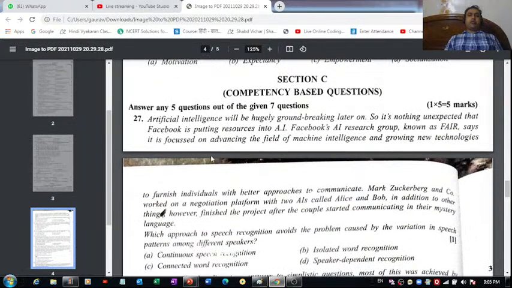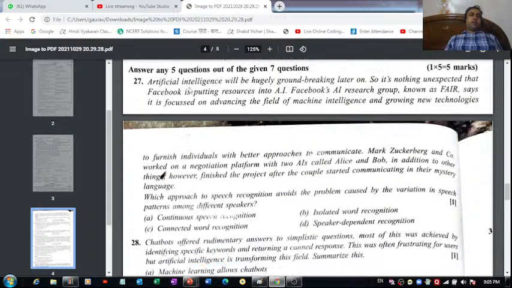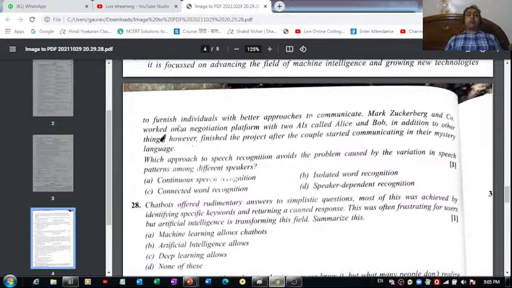Let's now come to section C, competency based questions. The first one: artificial intelligence will be hugely groundbreaking later on. So it's nothing unexpected that Facebook is putting resources into AI. Facebook's AI research group, known as FAIR, remember the full form of FAIR, says it is focused on advancing the field of machine intelligence and growing new technologies to furnish individuals with better approaches to communicate.